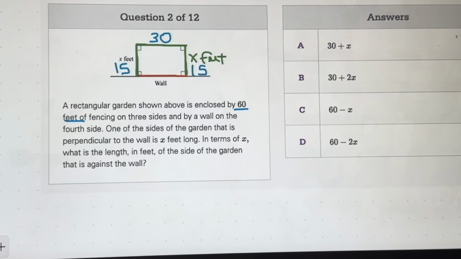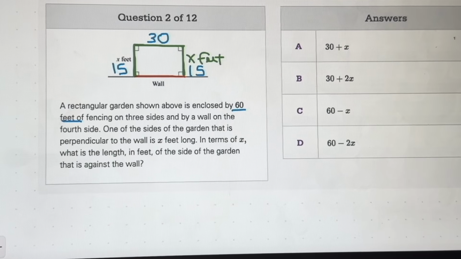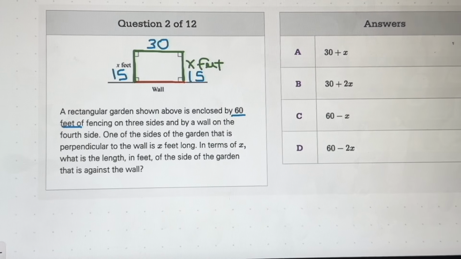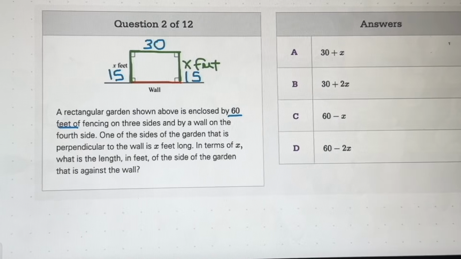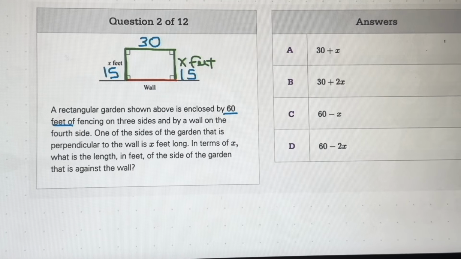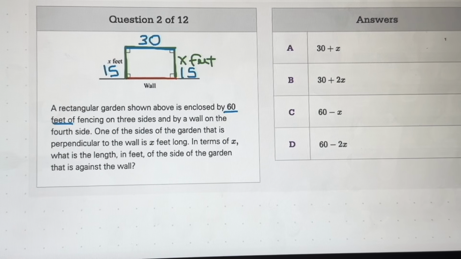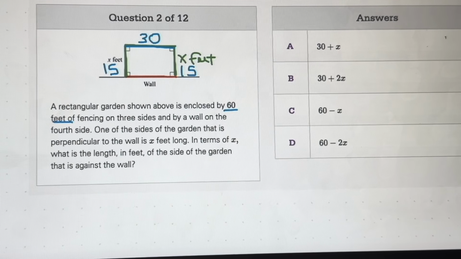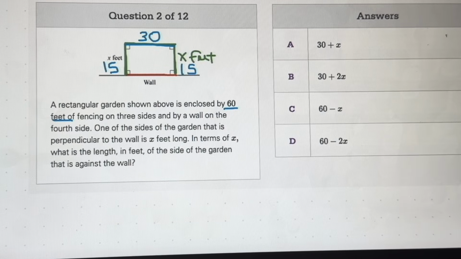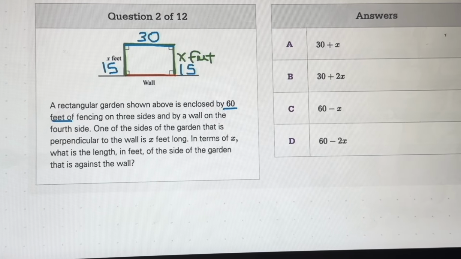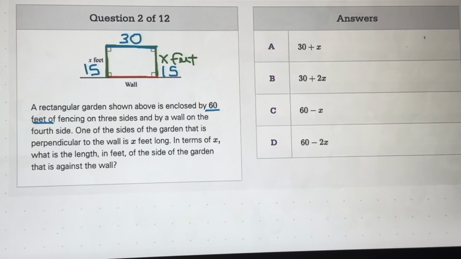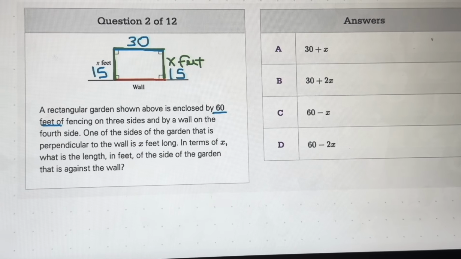Take a stab at it. If you're just going to guess, here, let me give you a hint. Remember, this length up here is 30. So the bottom has to be 30. Absolutely. Does that make sense? No, don't worry. Let me help you out. I am wrong all the time.